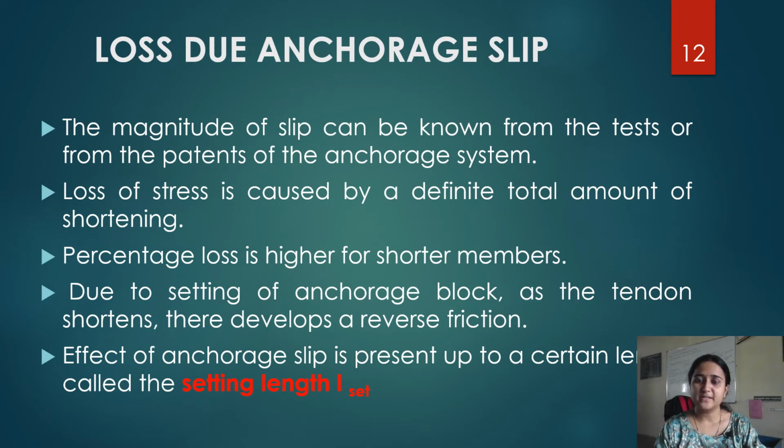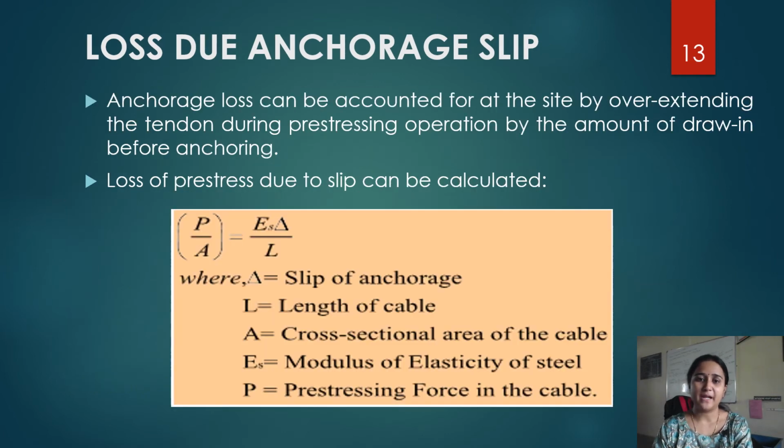The loss of stress is caused by a definite amount of shortening, and this anchorage slip loss can be quantified as P by A is equal to minus ES delta upon L. Okay, so delta is slip of anchorage, L is length of cable, A is cross sectional area of cable, ES is modulus of elasticity of steel, 2 into 10 raised to 5 Newton per mm square, and P is the pre-stressing force in cable.